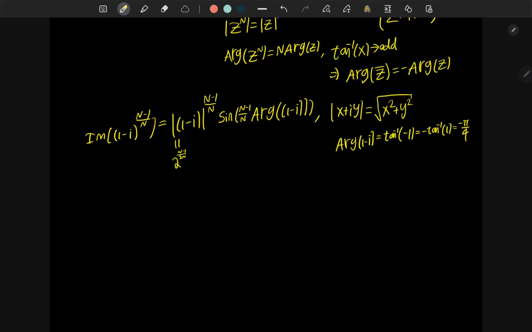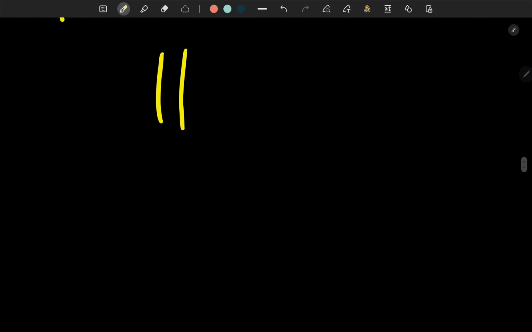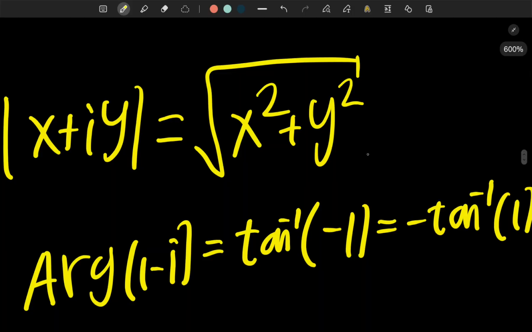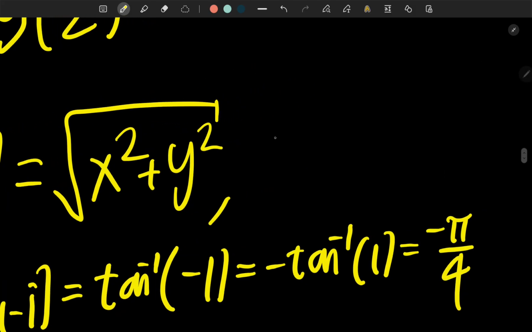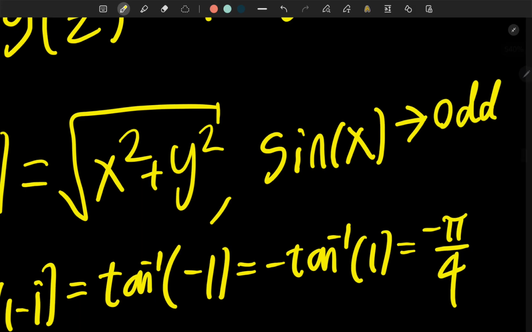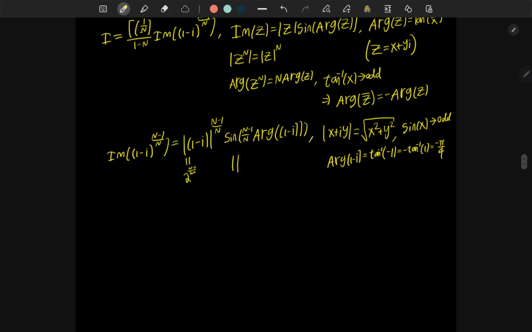So this right here would be equal to sine, and also I should mention, hopefully you would know this, but if you don't, that's okay. Sine of x is an odd function. So therefore sine of negative x would just be equal to negative sine of that same x.